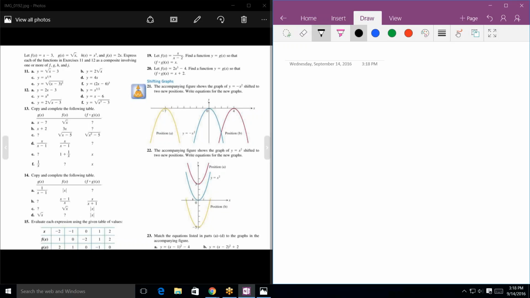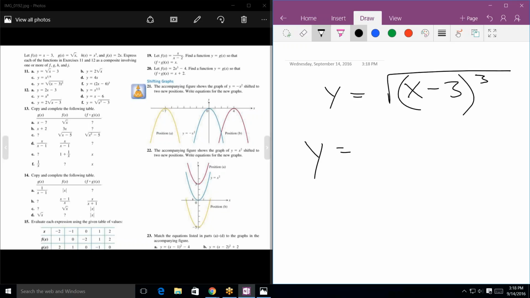All right, let's look at y equals square root of x minus 3 cubed. This is a little more complicated. First of all, what is x minus 3 cubed? That is x cubed plus 27.